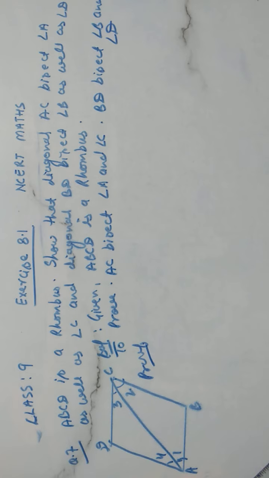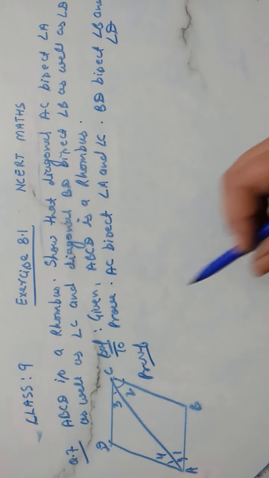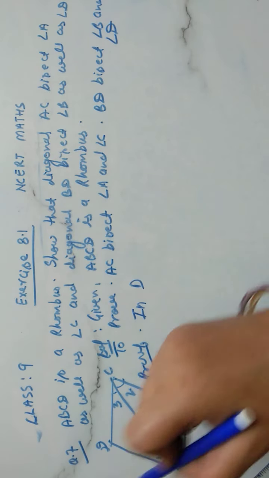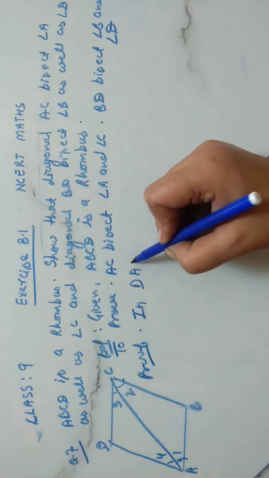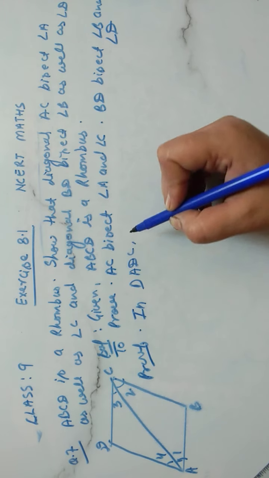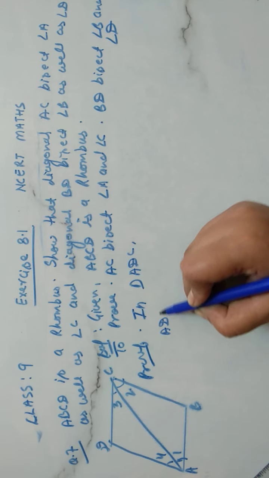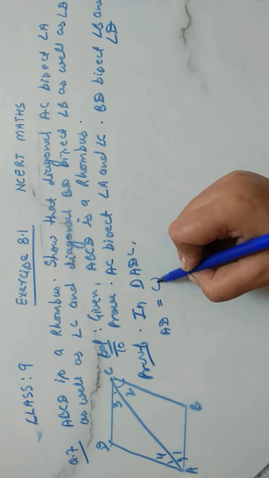First of all, because here all sides are equal, we will take a triangle, for example, triangle ADC or ABC, you can take any triangle. We are taking triangle ADC. In this triangle ADC, AD is equal to CD.